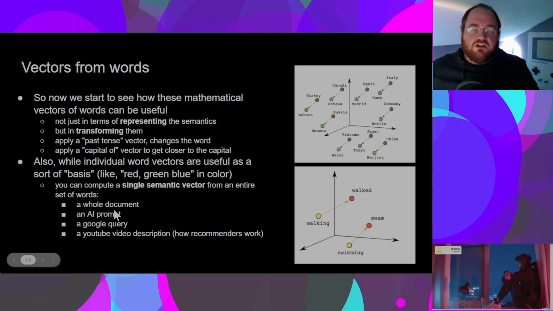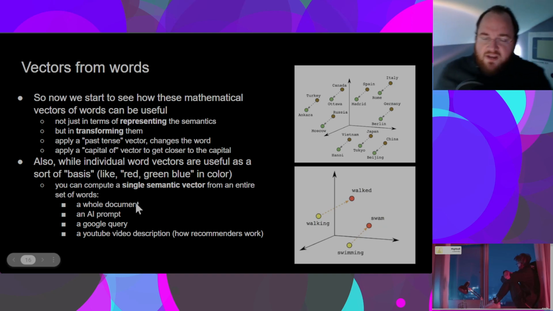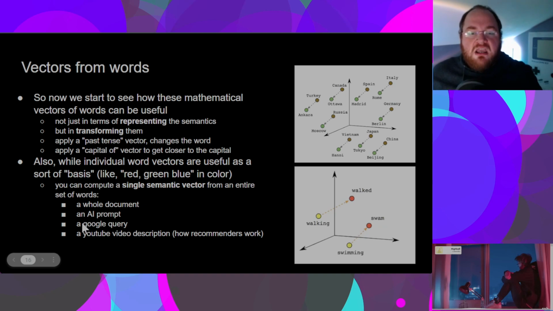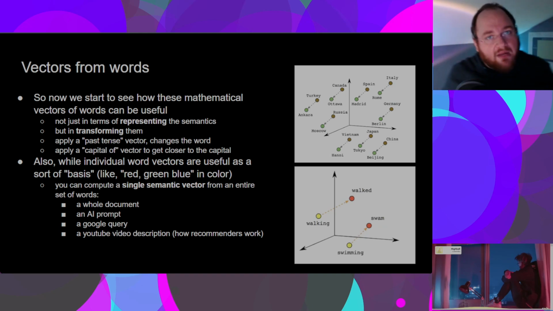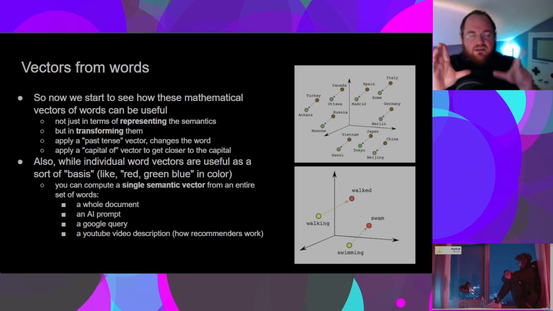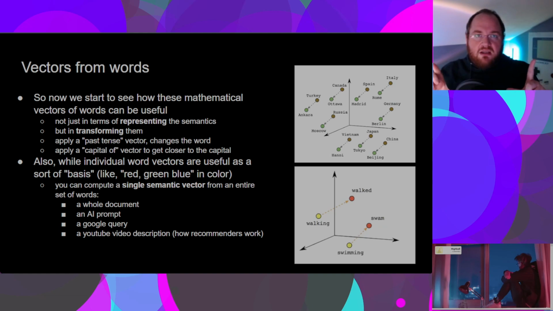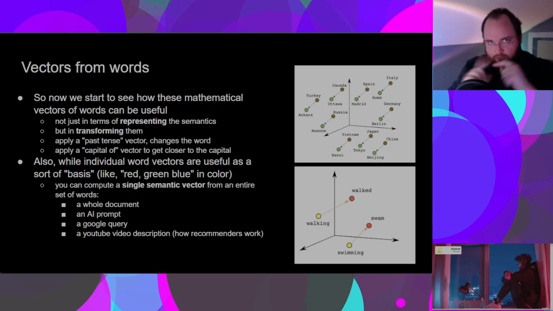You could convert an entire document to a single vector. You could convert an entire AI prompt to a single vector. You could convert a Google query, YouTube video descriptions. I mean, this is all how recommenders work, right? It'll take this thing that you spent time looking at on Amazon, convert all of its text into a vector, and then look for all the nearby vectors and say, oh, you might like this.